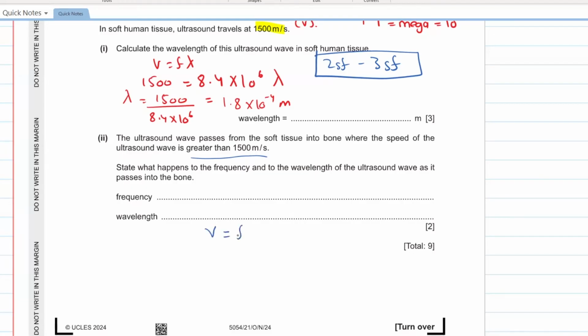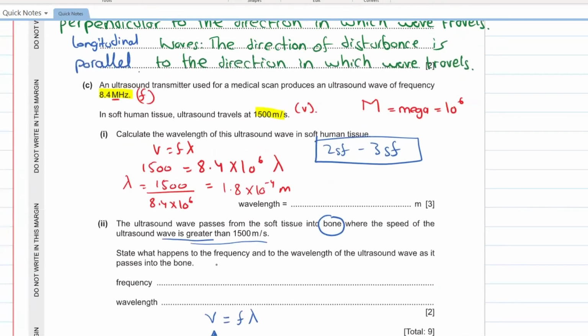V is equal to F lambda. We have all studied that. Now in the bone, the examiner has already told you the speed is greater. Who determines the frequency of ultrasound?